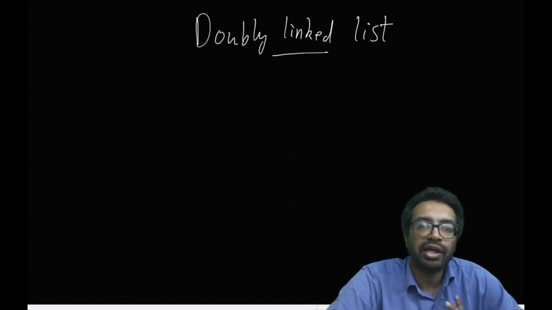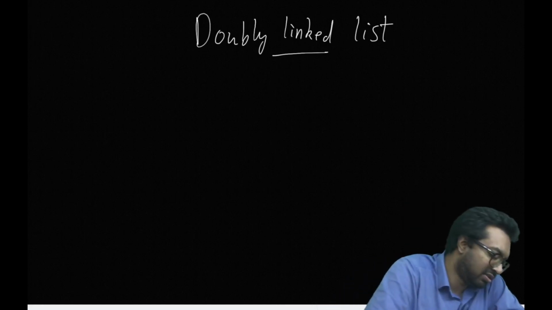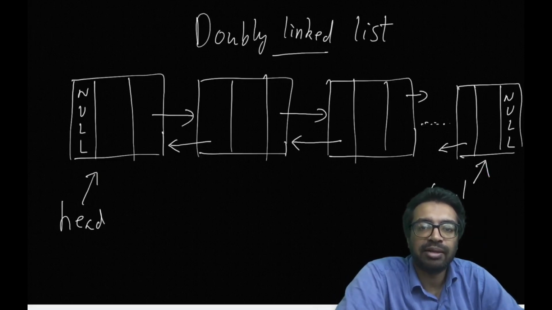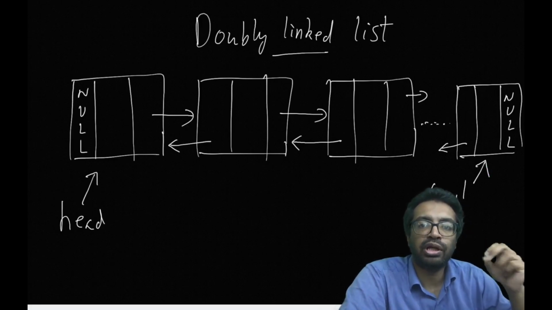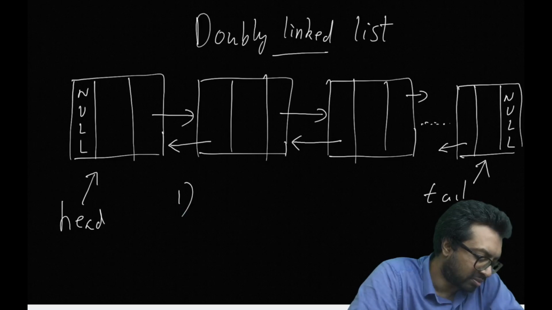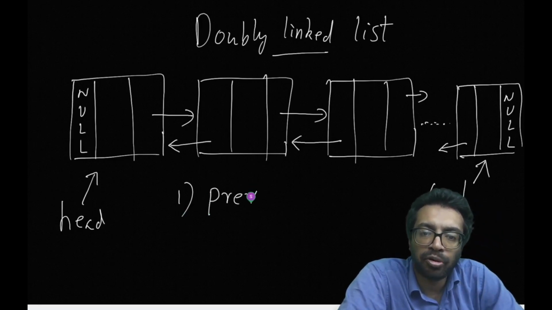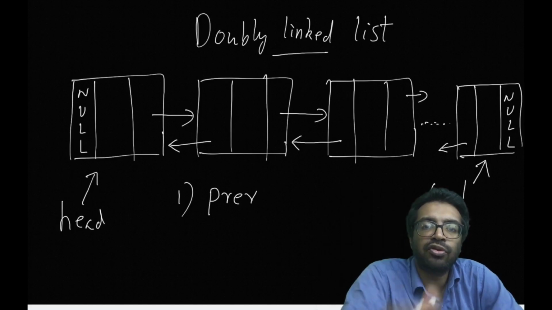Okay, let me give a pictorial representation for the doubly linked list. What you see here is a doubly linked list. A node in a doubly linked list has three elements. One, a previous pointer, just like next, called prev, which points to the node before this particular node.